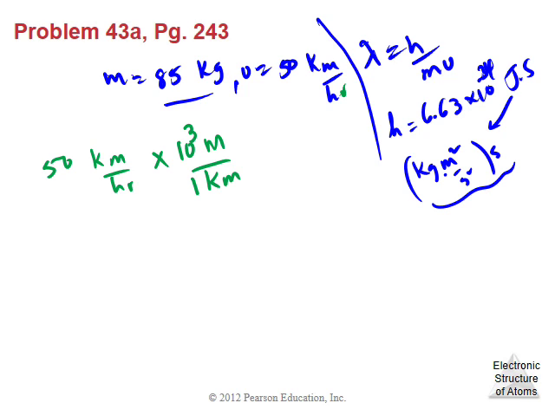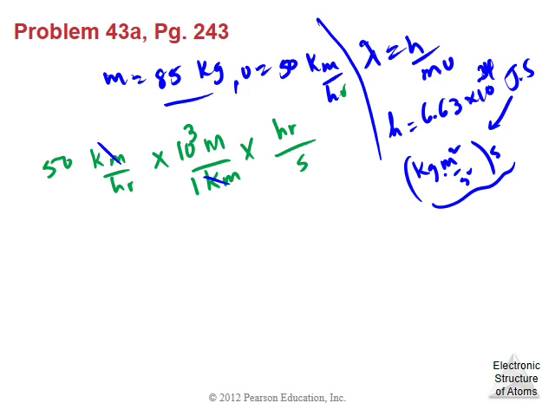Okay, now you can cancel out kilometer and kilometer. Let me show you with a different color. Kilometer, kilometer cancel out, and that would give you meter per hour. But I need to get meter per second. Since hour is on the bottom, I need to have hour on the top so that they cancel out, and I need to get second.